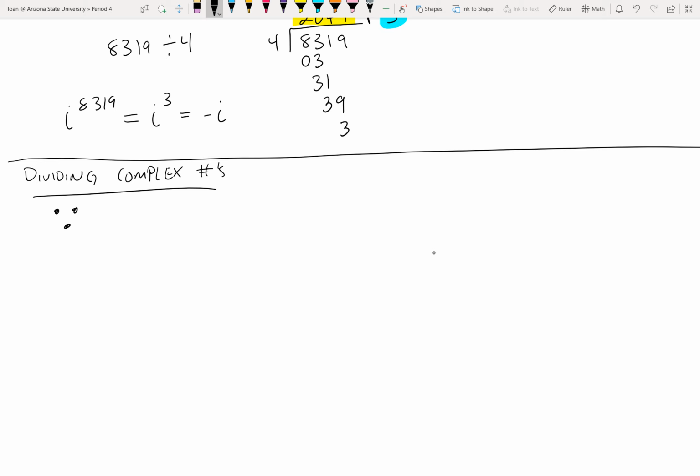Because, and I hope you guys know, i equals the square root of negative 1, i is actually a radical. Dividing by a complex number puts a square root in the denominator.